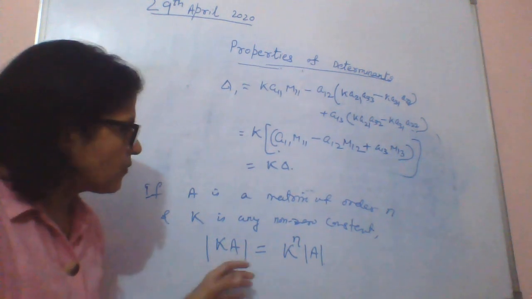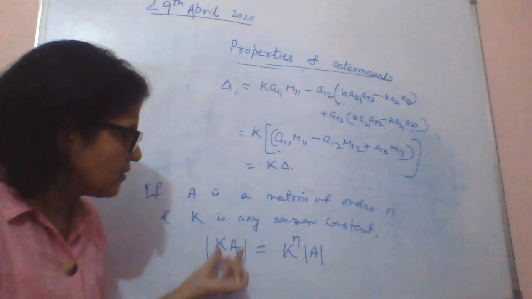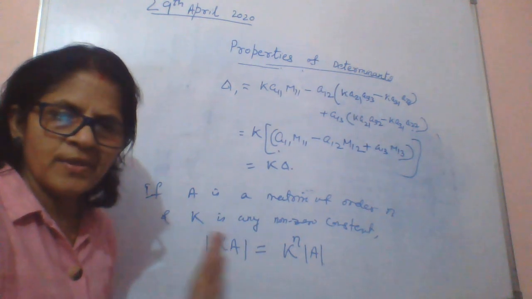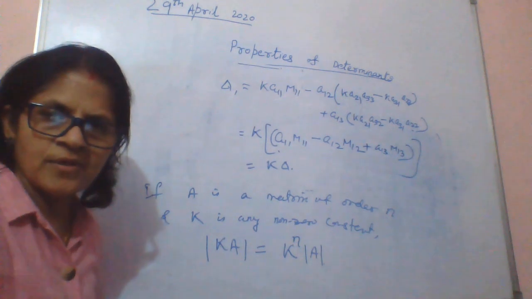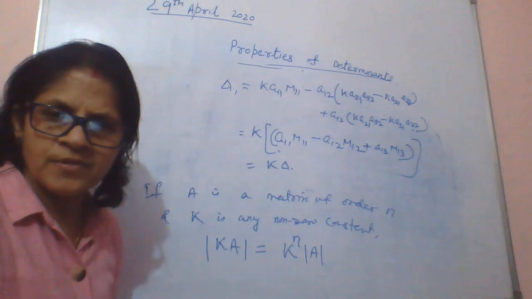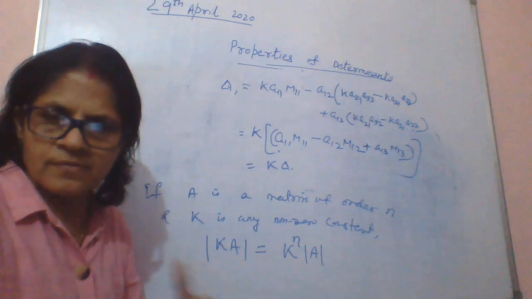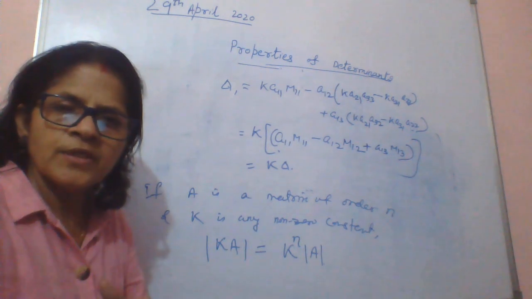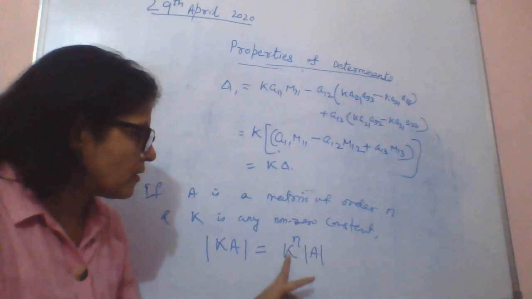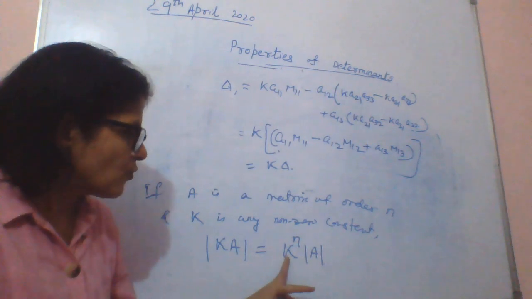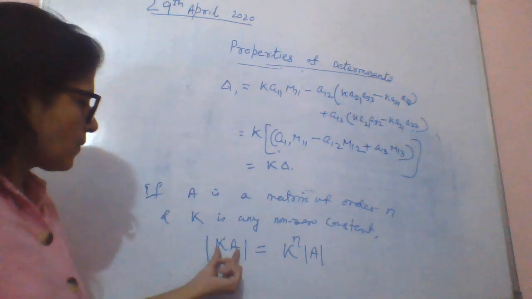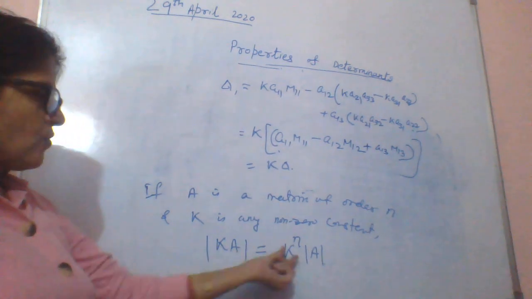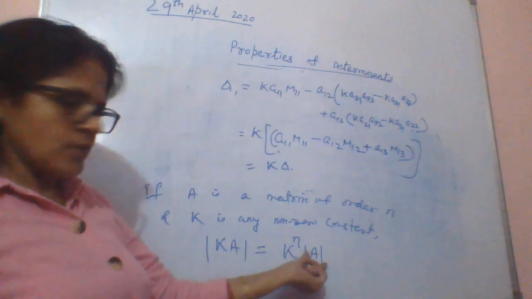But whenever you take determinant, you are taking common from any one row या any one column. Suppose आपने row wise consider किया, it means you are taking out k, n number of times. So which is k to the power n. Okay. So determinant of matrix KA equal to k to the power n into determinant of A.